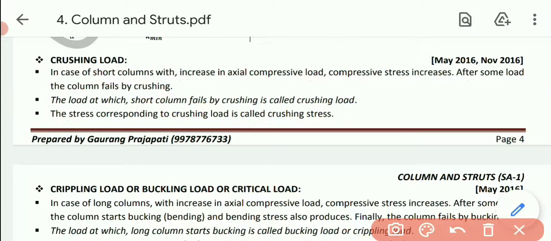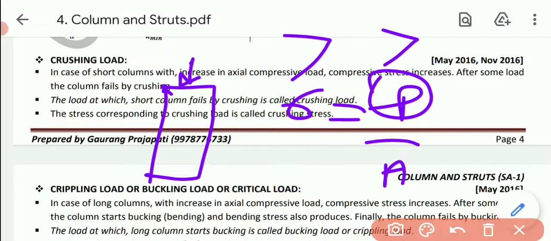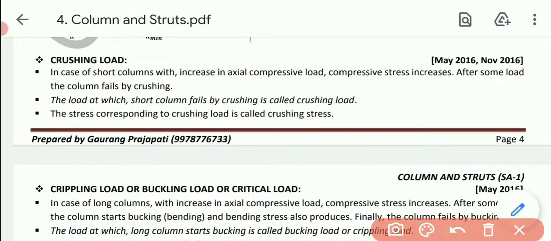So in simple words, whenever a short column is there and load is applied over it, whenever the load is increased, obviously stress will be increased, because stress equals force divided by area. So whenever the force increases, stress will also increase. But after some point, the column fails by crushing.